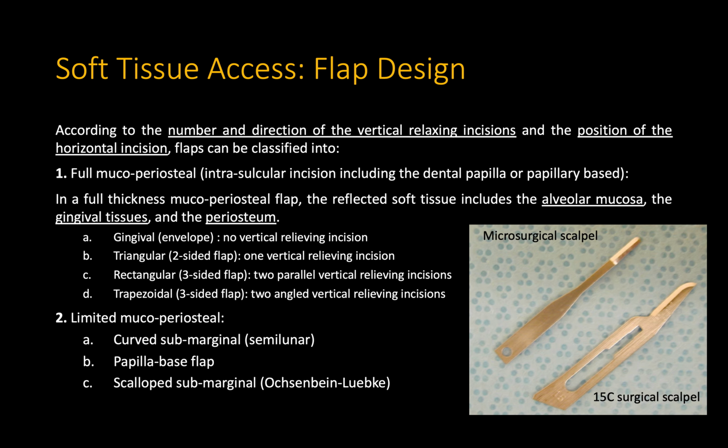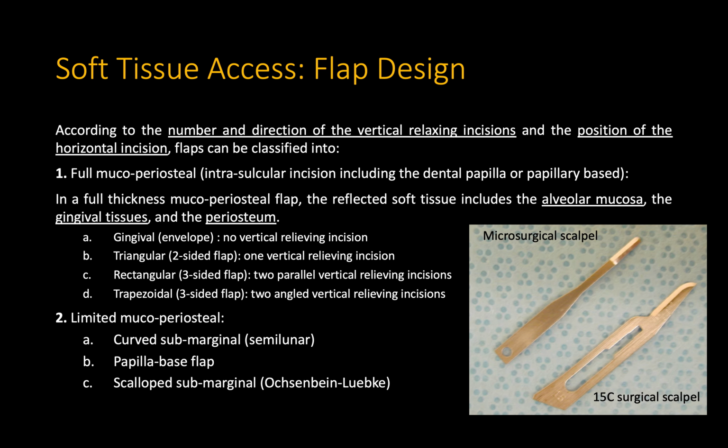Now, when we talk about limited mucoperiosteal flaps, we can have just one curved submarginal or semilunar flap in the attached gingiva, or we can have a papilla-based flap in which we only reflect the gingival margins and the papillae will be left in place undisrupted.